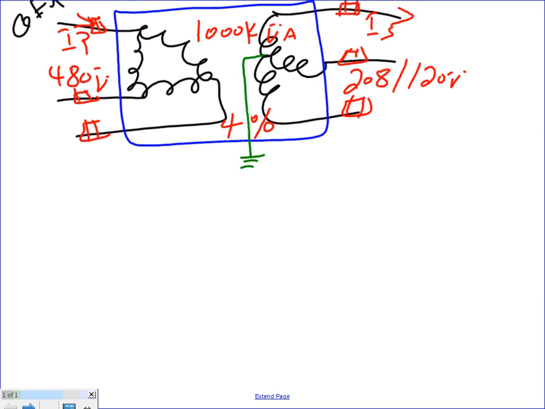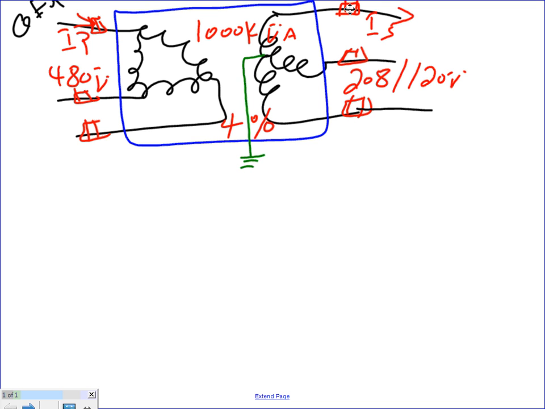So we have fuses and circuit breakers on the primary and the secondary. We need to size them. We've done that before, so that shouldn't be a big deal. Any questions, guys? Transformer, primary, secondary, and size the following for it. Any questions about the given?